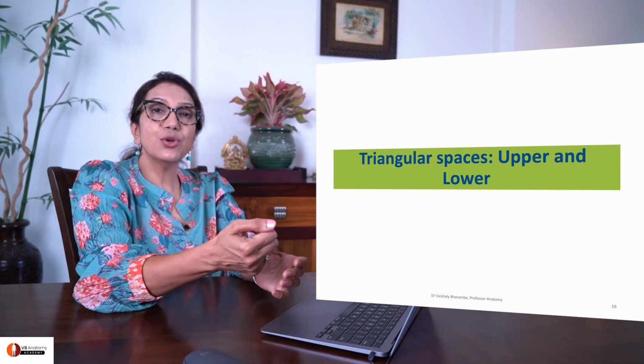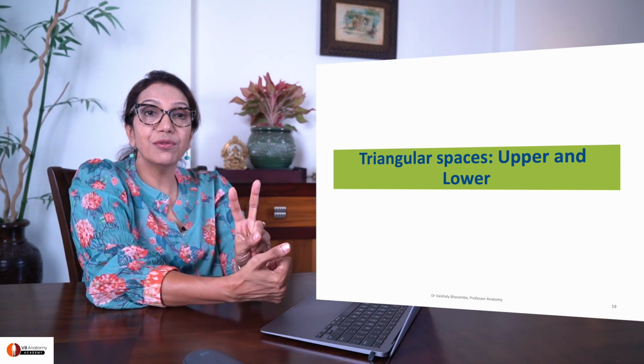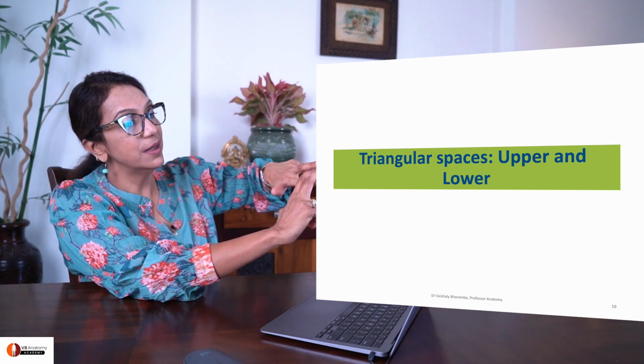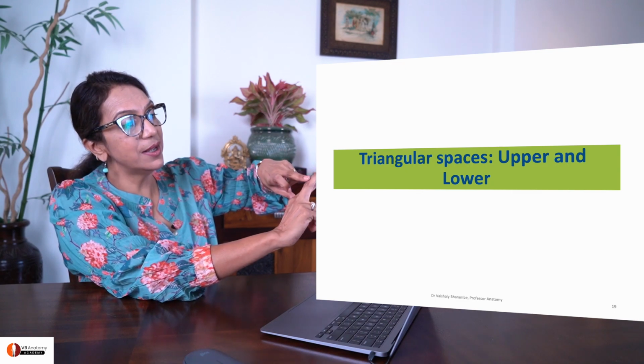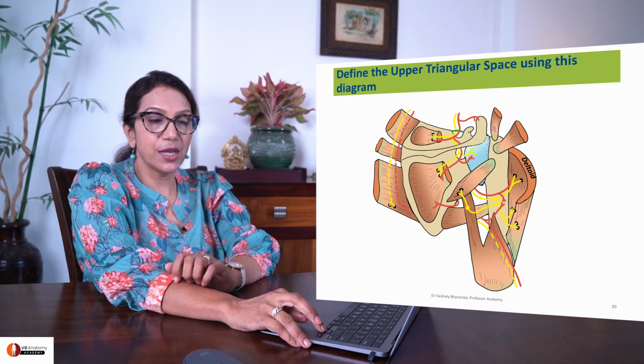Right. Let's talk about the next set of spaces, the triangular spaces. There are two of them. Remember, this is the quadrangle in the middle which we have done. So now we need to do the upper triangular and the lower triangular space.